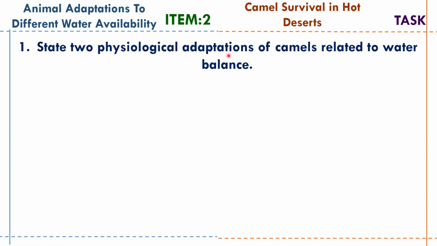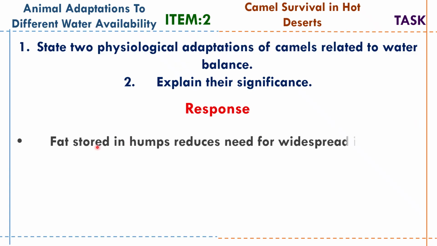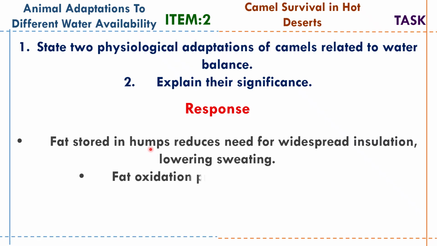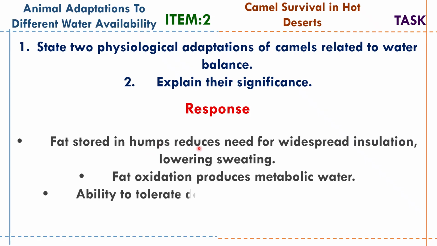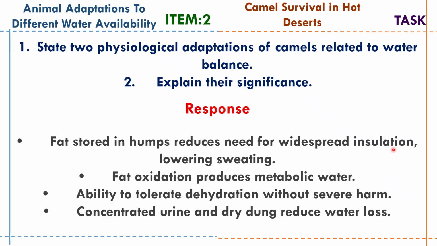State 2 physiological adaptations of a camel related to water balance. Explain their significance. Fat stored in humps reduces need for widespread insulation, lowering sweating.